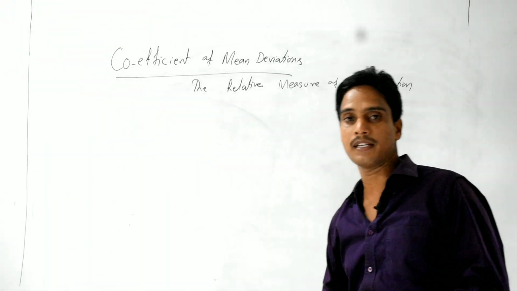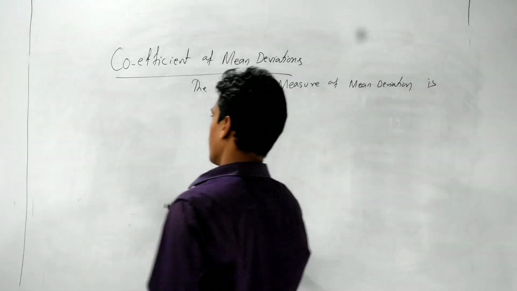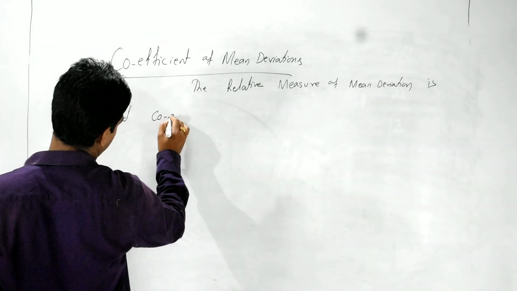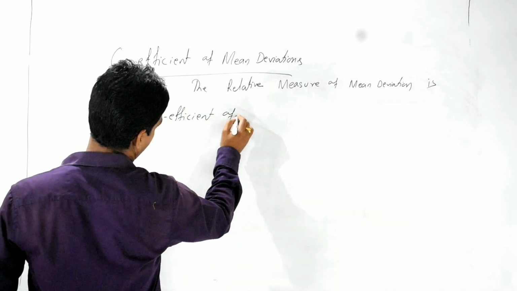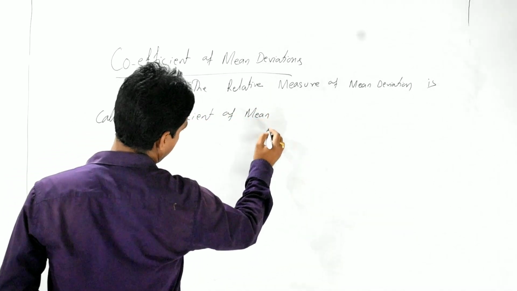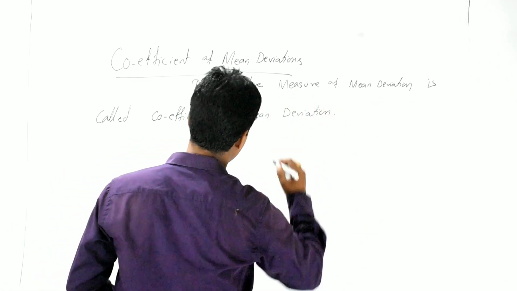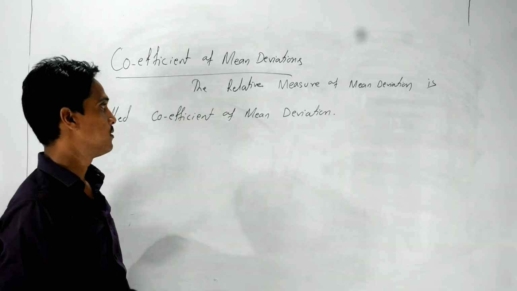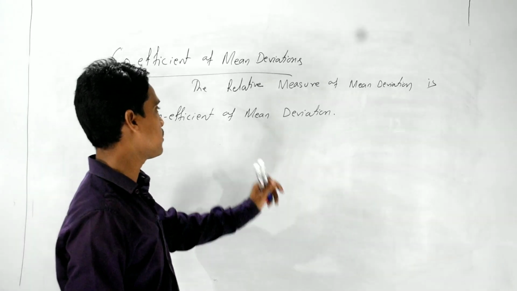The relative measure of mean deviation is called coefficient of mean deviation. That means if we find out the relative measure of mean deviation, then it is called coefficient of mean deviation.